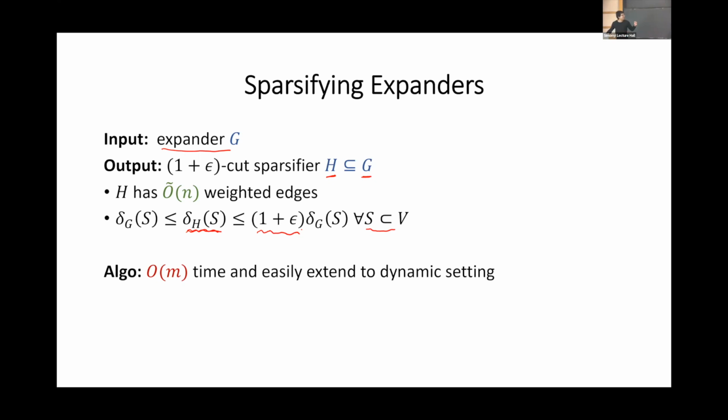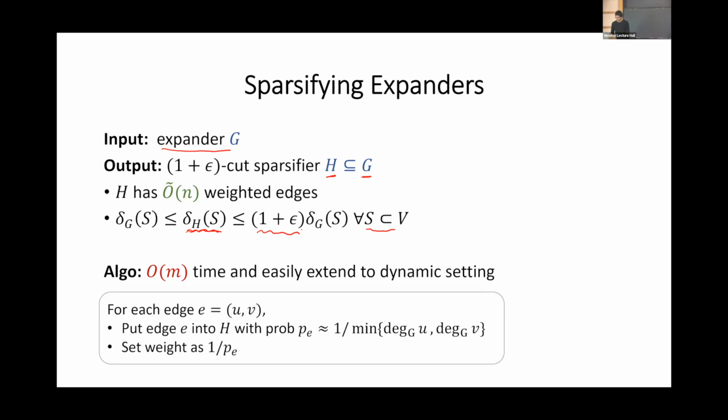But let me now describe the algorithm. The algorithm is simply this. Go through each edge UV in the graph. Now I decide whether I'm going to include this edge into my sparsifier or not. How to decide that?